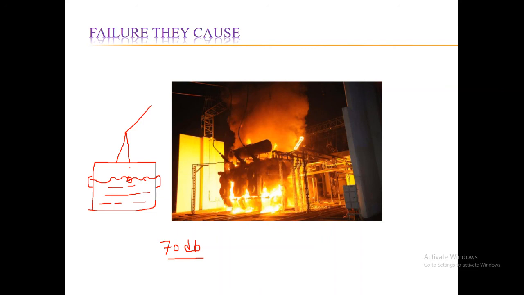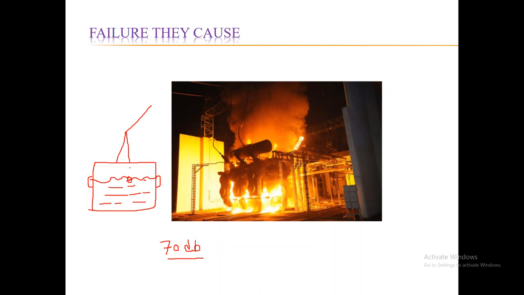One approach, either you can go with this transit time, or you can go with this frequency shift. To obtain this frequency shift, you have to take the reciprocal of the time of flight that you are capturing with the help of these acoustic signals, and based on the frequency values or the signatures, you can compare with the signatures of a newly made transformer to identify the type of fault.